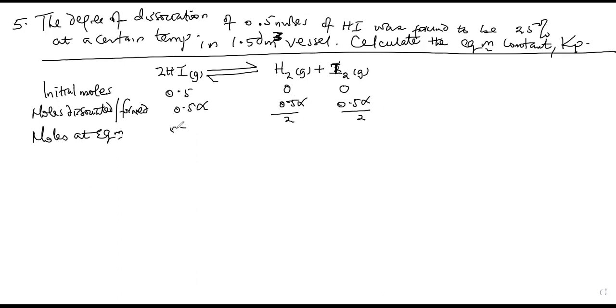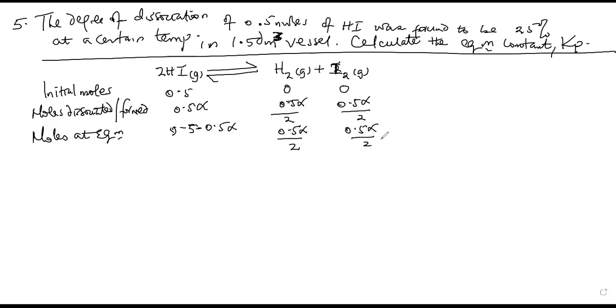Then we get moles at equilibrium. It will be 0.5 minus 0.5 alpha, then 0.5 alpha over 2, 0.5 alpha over 2.